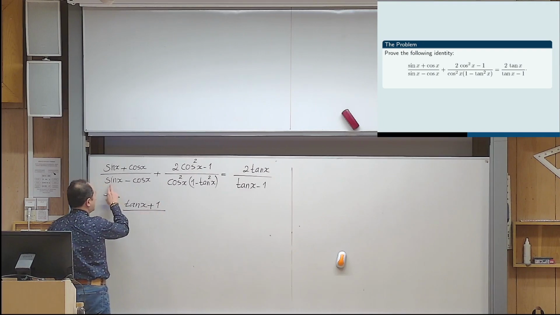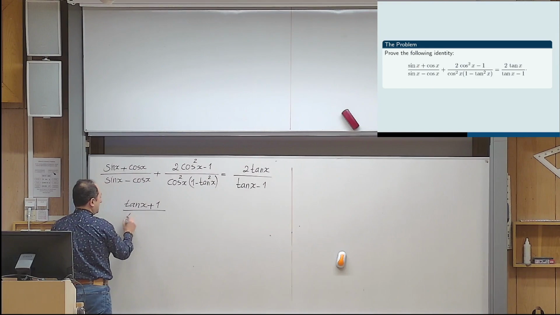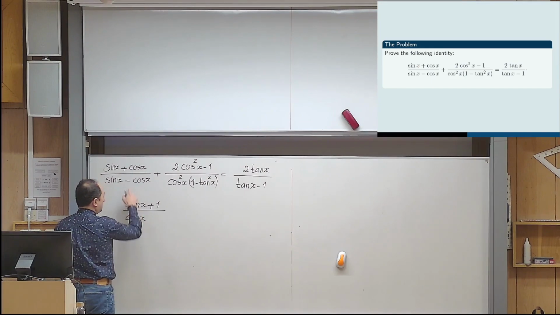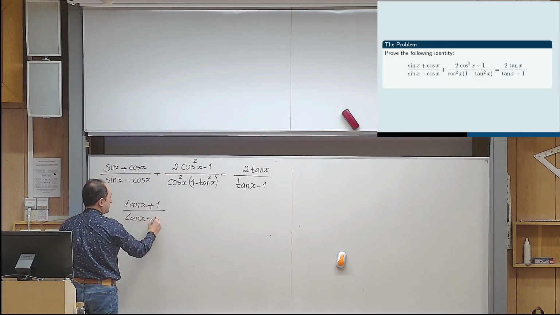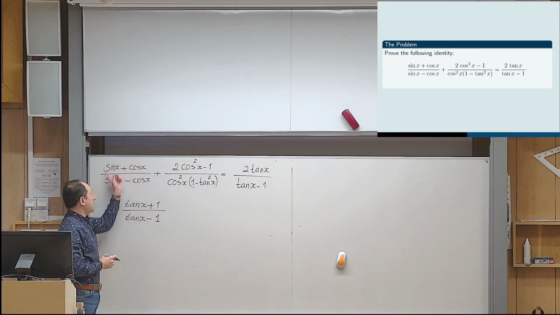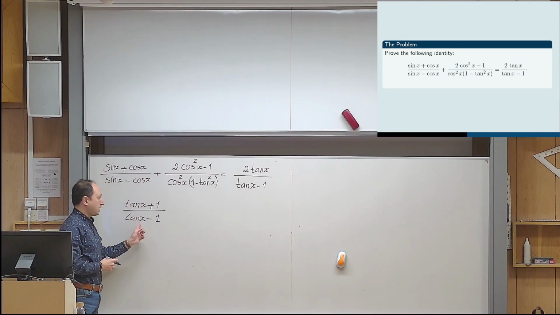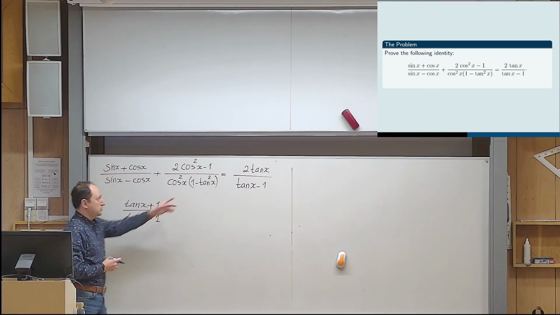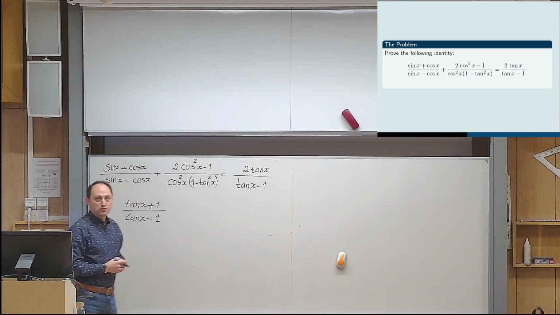And the denominator, sine x over cosine x, becomes tangent x again, minus cosine x over cosine x is just 1. So what is happening here? This fraction is equal to the original fraction, but the good point is that now in this new form, it is expressed only in terms of tangent of x, which is good because I want to reach the right-hand side.